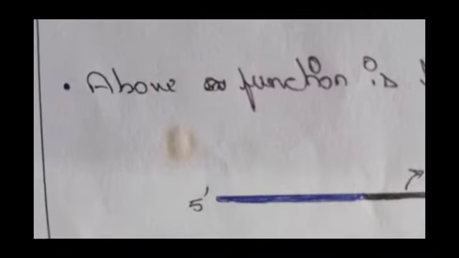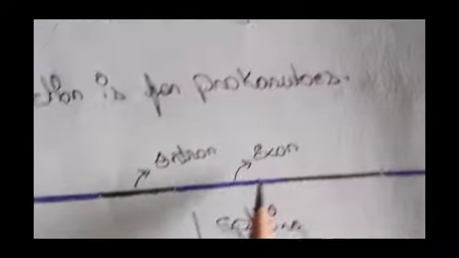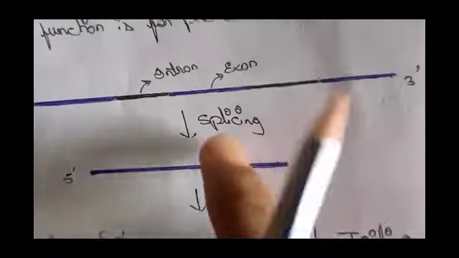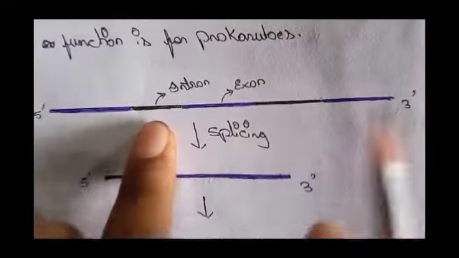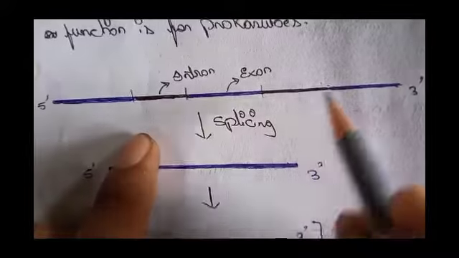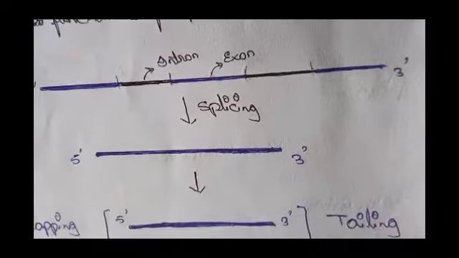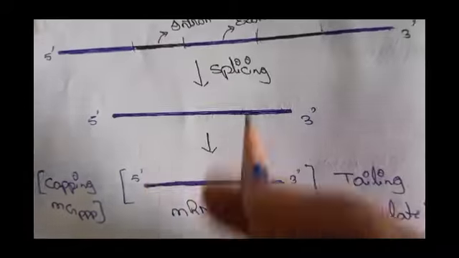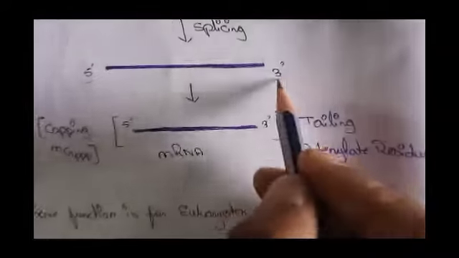So the above function is for prokaryotes, while there are introns and exons for hnRNA. Other RNAs are present in a single strand. We can stitch this in a continuing strand from 5 prime to 3 prime end.